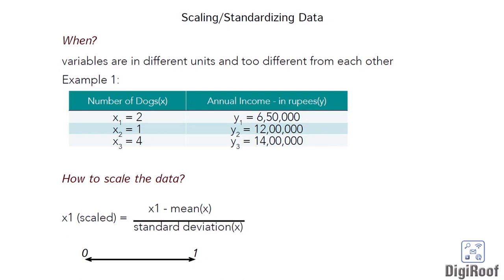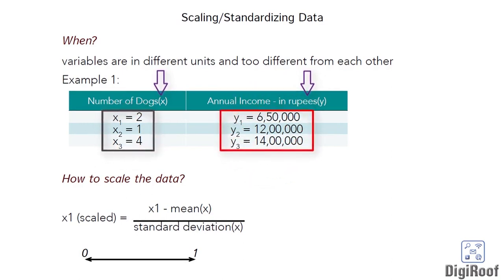For instance, suppose you are clustering the data on the basis of two variables. These variables include the number of dogs owned by a person and the annual income of that person. While both the variables are continuous, the units of these two variables are different from each other. In addition, there is a sizable difference in the responses of these two variables.